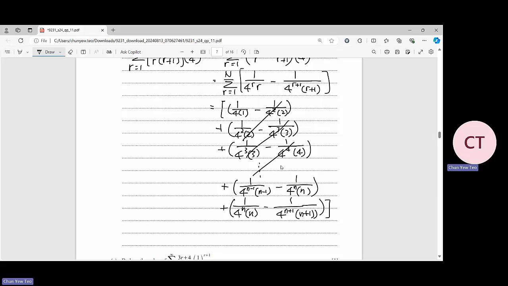So at the end, it will become 1 over 4 minus 1 over 4 power of N plus 1 times N plus 1.